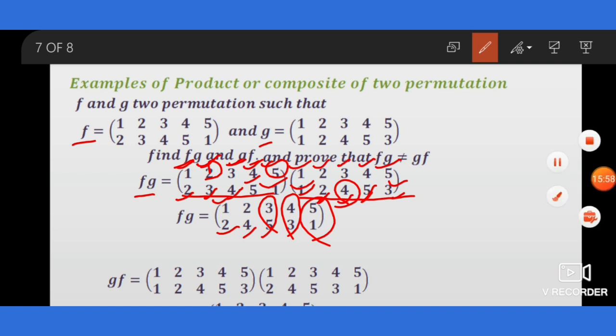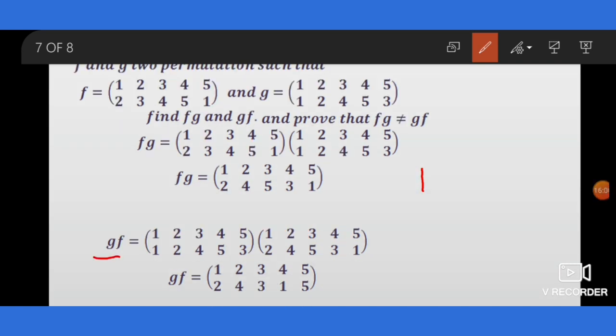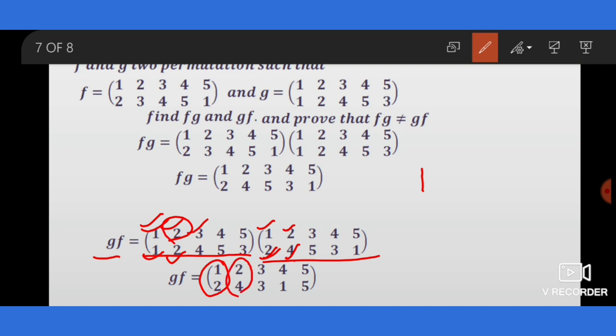This. Now find the value of gf. Written as this. 1 is replaced by 1, the second one, 1 is replaced by 2. Now 1 is replaced by 2. And again 2 is replaced by 2, 2 is replaced by 4. Then 2 is replaced by 4. 3 is replaced by 4 and 4 is replaced by 3, so 3 is replaced by 3.